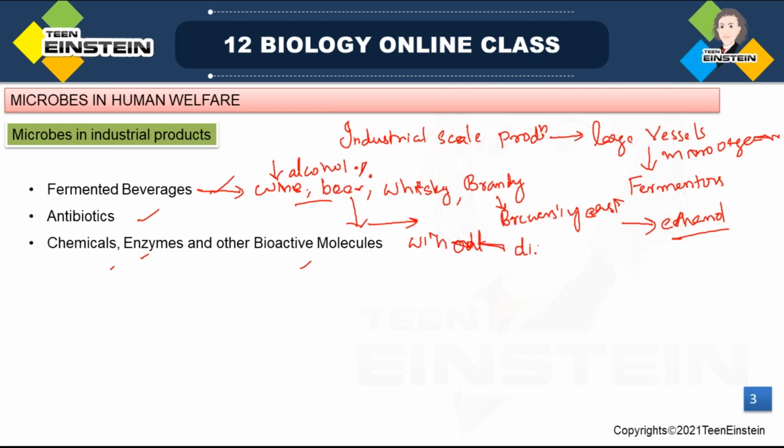Then whiskey, brandy, rum and all are produced by distillation of fermented broth. That is having high alcohol concentration. Whiskey, brandy, rum and all have high alcohol concentration. It is produced with the help of distillation of fermented broth. Okay.